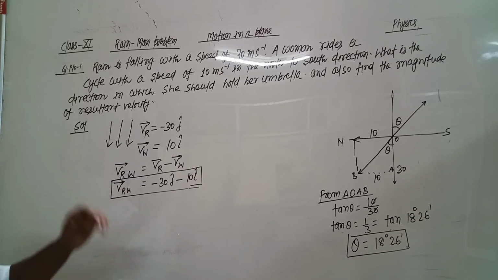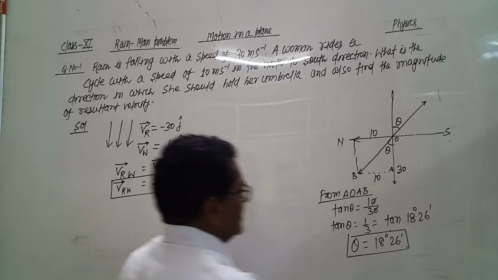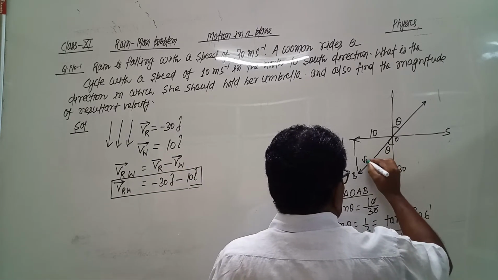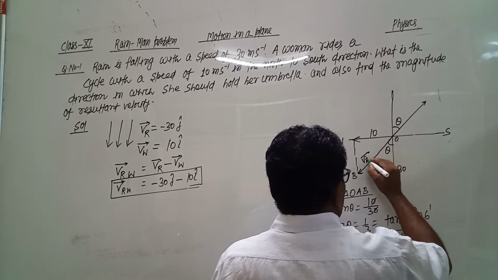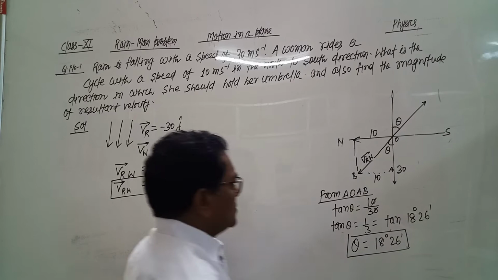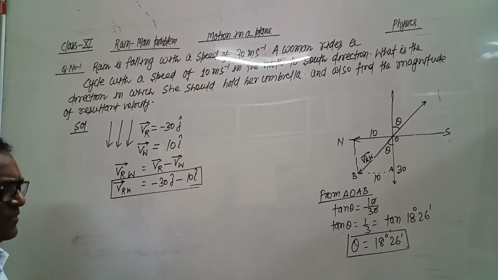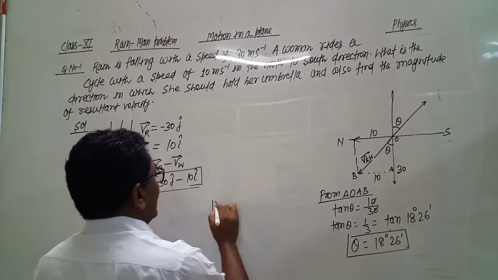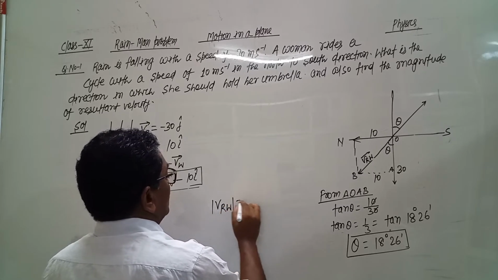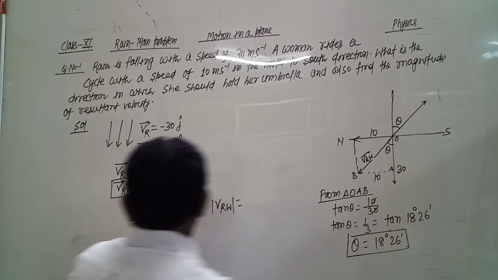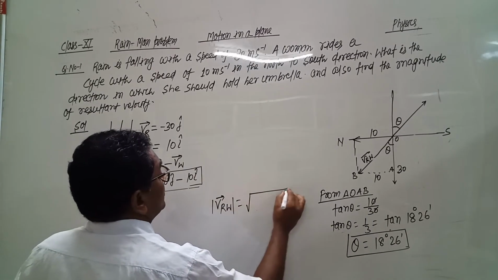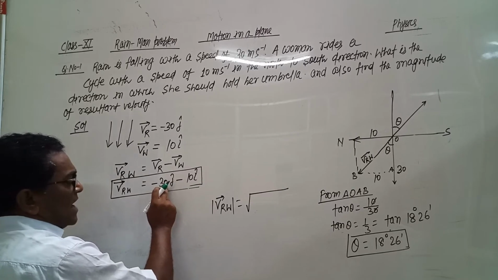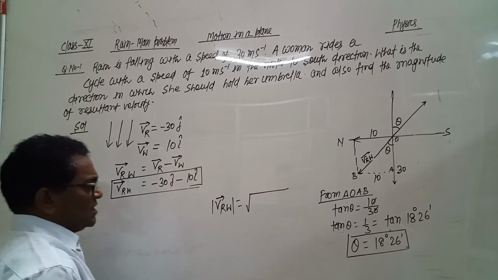Now the next thing we have to find is the magnitude of the resultant velocity. This is the velocity of rain with respect to the woman. So we have to find the magnitude of Vrw. The magnitude of Vrw is calculated by the square root of the square of the coefficient of j and the coefficient of i.